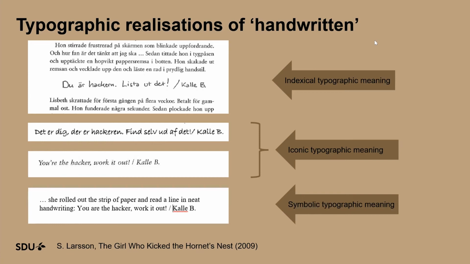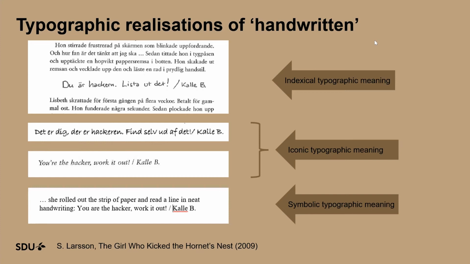Now, in the Danish and the English editions, the publishers appear to have opted for the easy and cheap solution of choosing existing typefaces to realize this meaning of handwritten, but with a certain loss of meaning compared to the original Swedish edition of the novel.